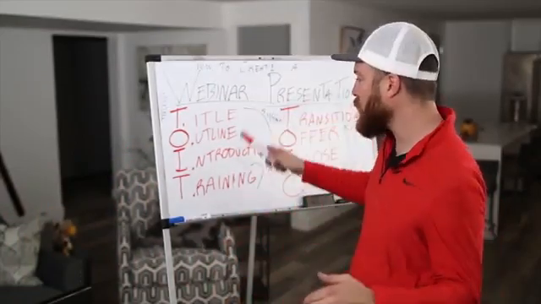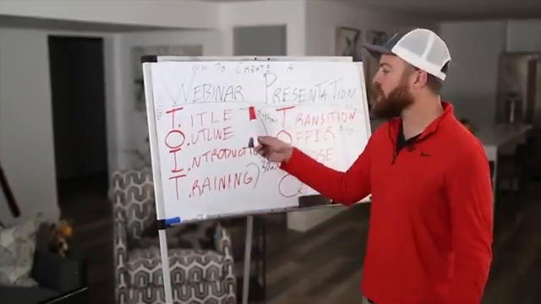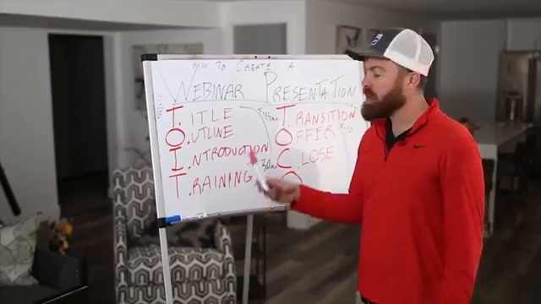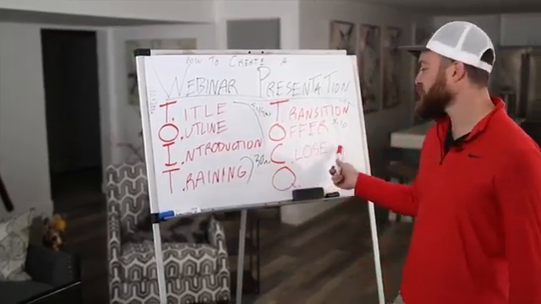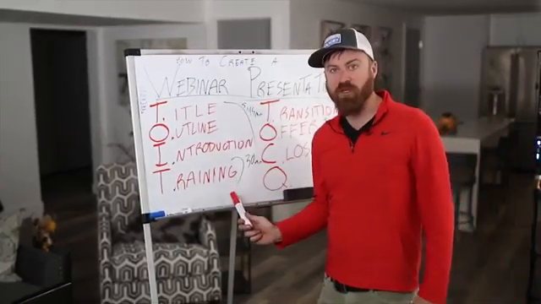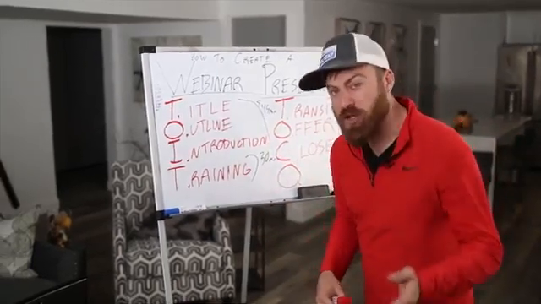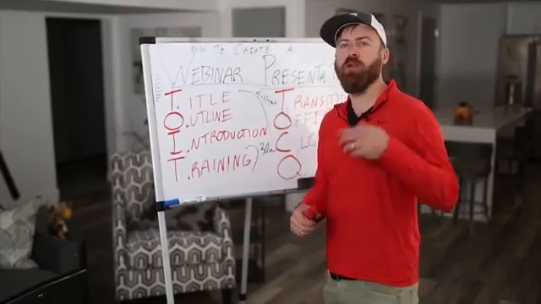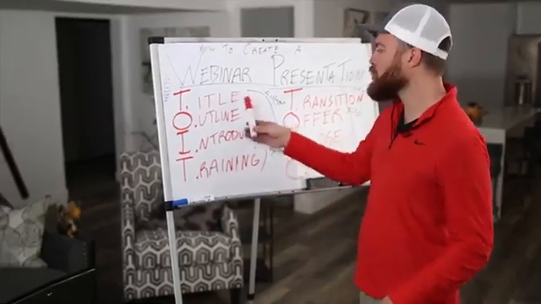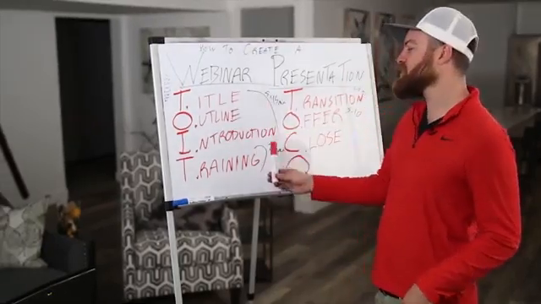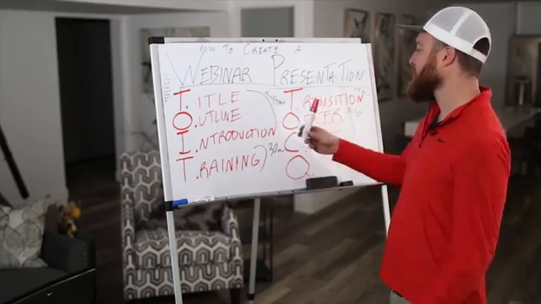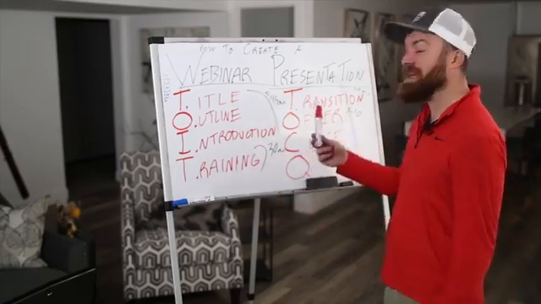Now, if you did this all correctly, you actually overcame every question that they would be asking at this point in your presentation itself. Any question that they'd be asking, like, can I talk to you afterwards? Or, how long do we work together? You should have overcame every one of those objections within your training, your introduction or your training itself.